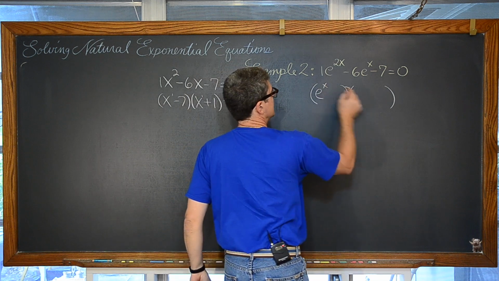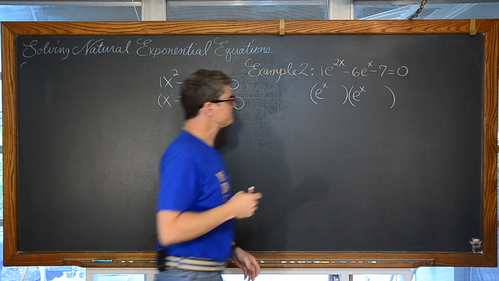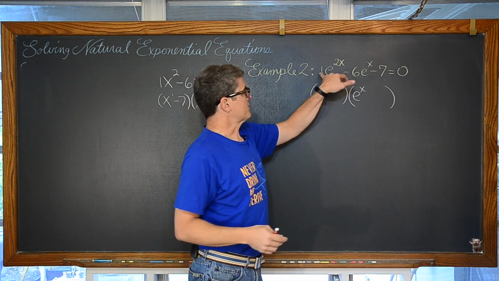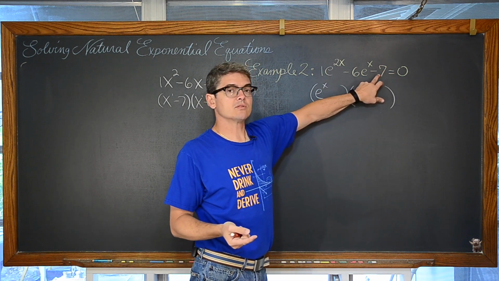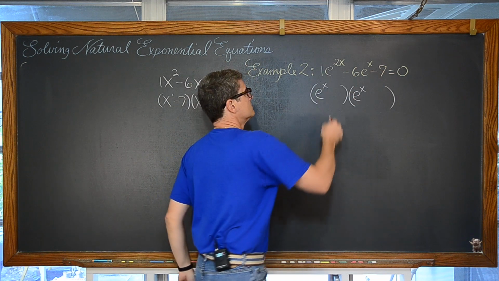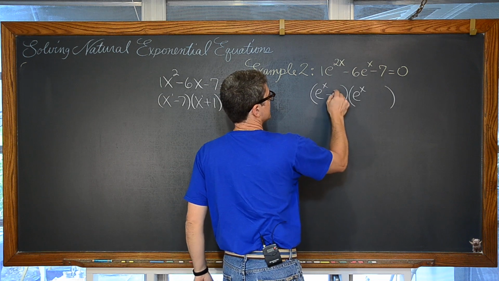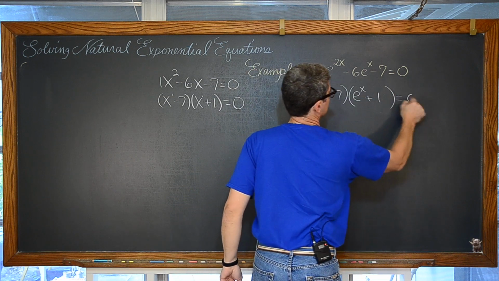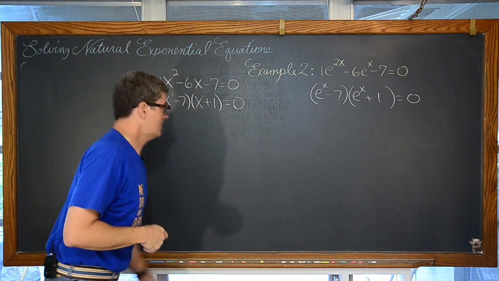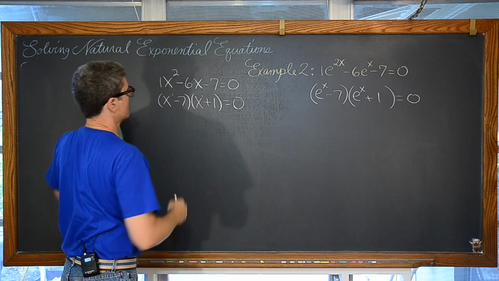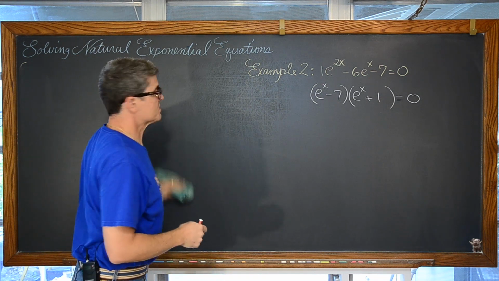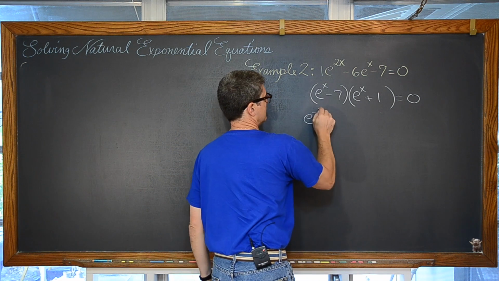So we have e to the x and e to the x. And with our leading coefficient of 1, we're just looking for factors of -7 that add to that middle coefficient. So -7 plus 1 is equal to 0. And now that we get our equation in factored form, we just set each factor equal to 0.